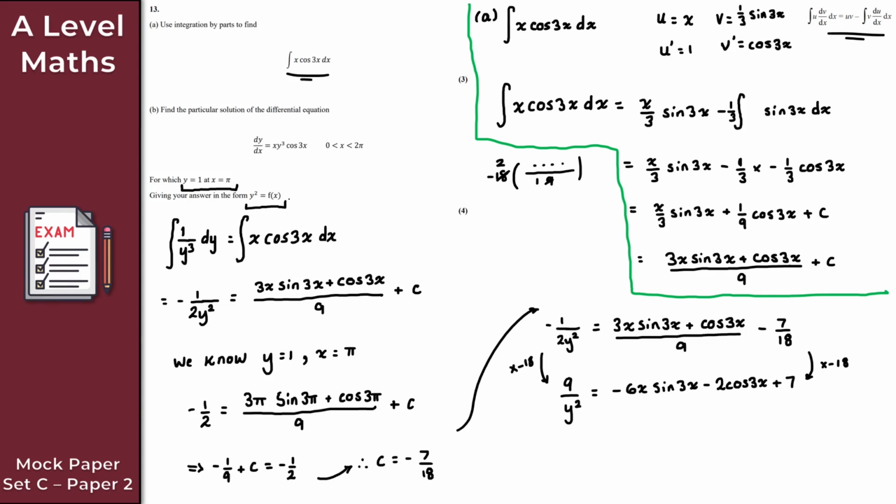Now, what I want here for my solution then is y squared is equal to f of x. So what I'm going to do here then is flip this, and obviously just flip this, right? This is over 1. So let's get y squared over 9 is equal to this here then over 1. Sorry, let me reword that.